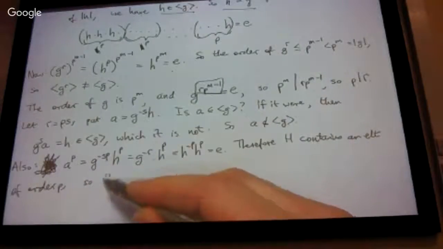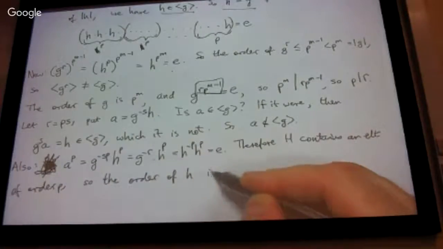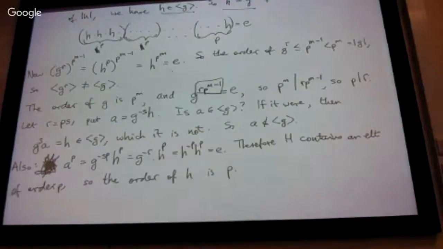So the order of little h is p. Well, because little h had the smallest order, and there's nothing smaller than p. Well, it can't be 1.